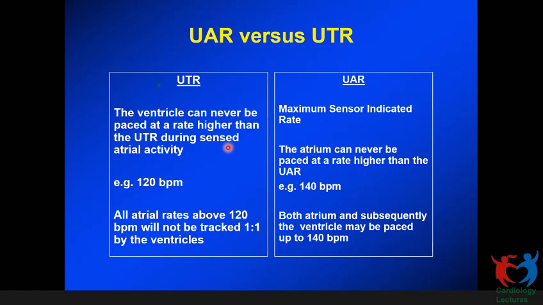And so there's another question in the chat box about when should we opt for VDD versus DDD. I thought Govind discussed that well. What is the difference? The difference is that in a DDD, you pace the atrium, whereas in a VDD, you can only sense the atrium. What is the advantage of a VDD over DDD? One is that you can do it as a single lead.